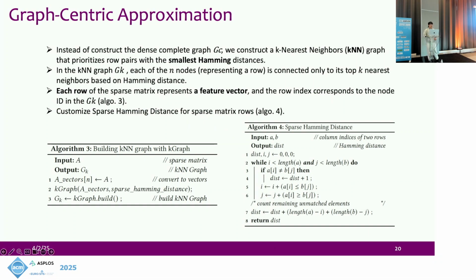To further simplify the computation, we construct a KNN graph that connects the rows based on the Hamming distance, where each row of the sparse matrix represents a feature vector.